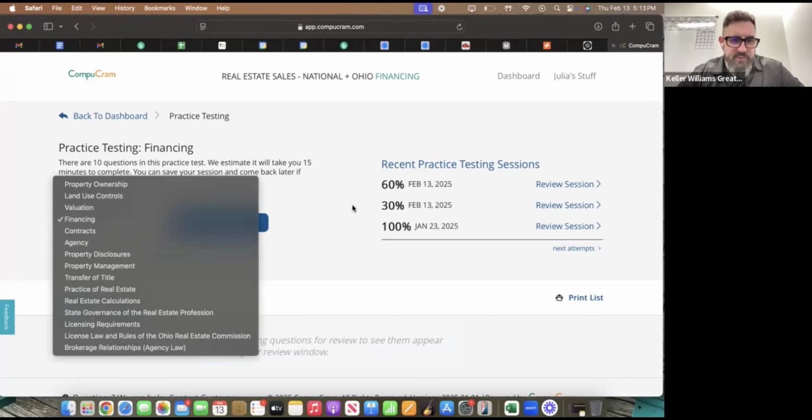You want to do licensing requirements, real estate calculations, the practice of real estate's always a good one. A lot of questions on that. Is there any math? Real estate calculations would be a good one if there's math. If you want to do math.